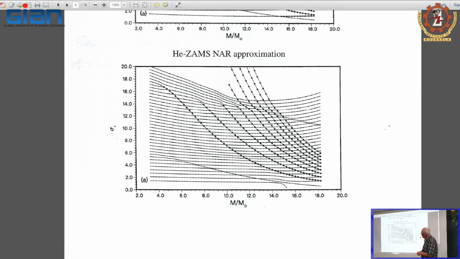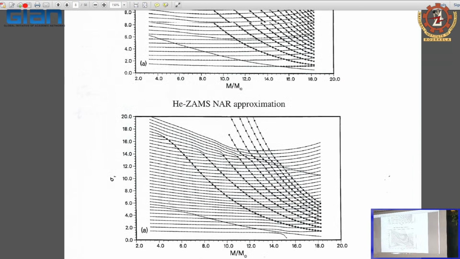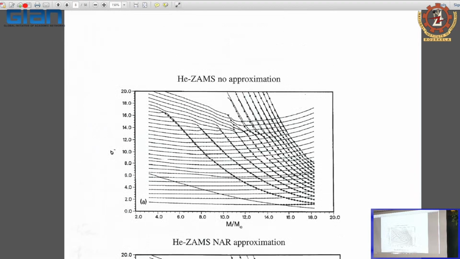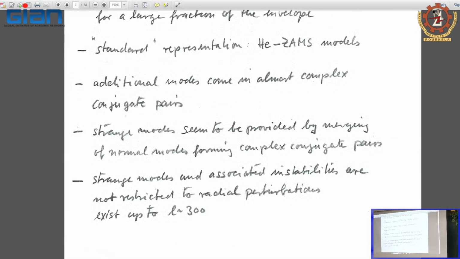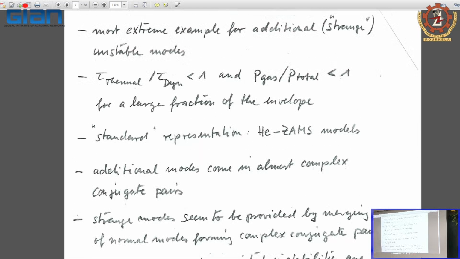So at a few places it seems that these strange modes emerge from the ordinary spectrum. Okay, so this is what we find once we consider helium 0H main sequence models to represent models of Wolf-Rayet stars.